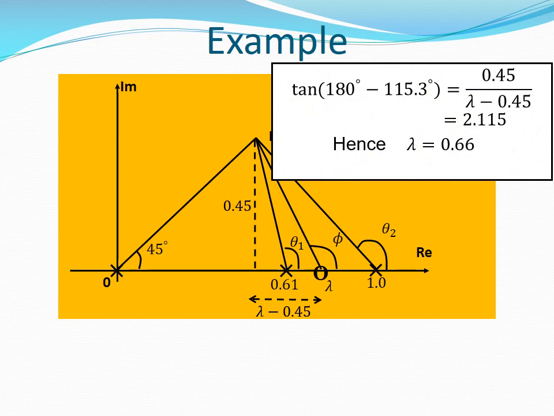Let's apply the trig ratios to the diagram. Tan of (180 degrees minus 115.3 degrees) is equal to 0.45 over (lambda minus 0.45). If we solve the trig equation, we obtain lambda as being equal to 0.66.